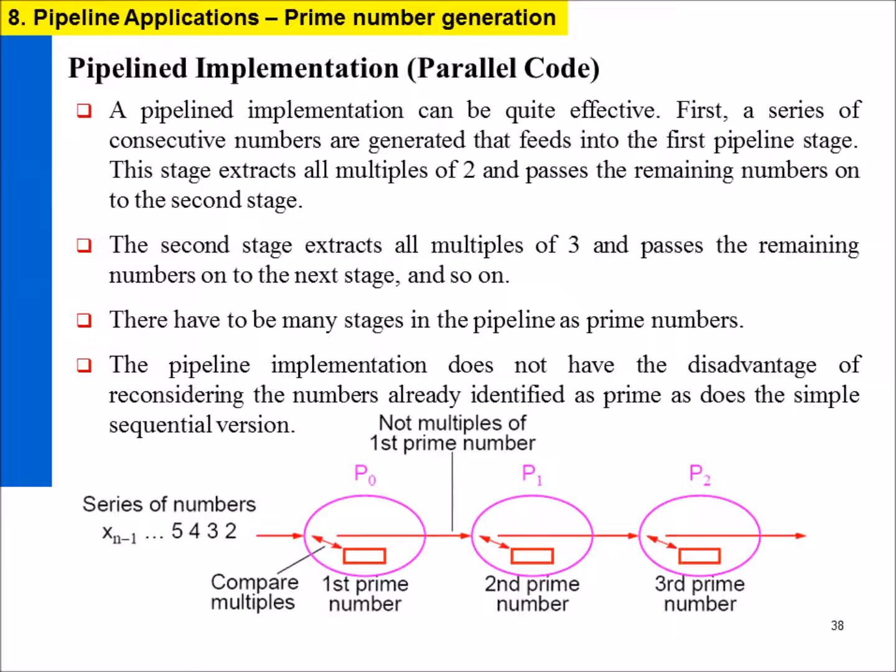Note that the early terms in the expression will dominate the overall time because there are more multiples of 2 than 3, more multiples of 3 than 4, and so on. So a parallel implementation based upon partitioning where each process strikes out multiples of one number will not be very effective.